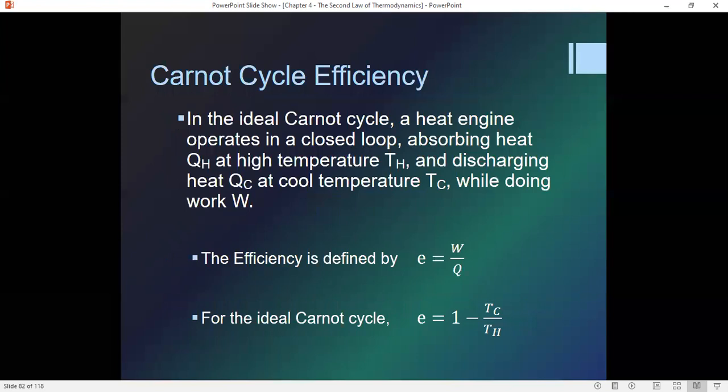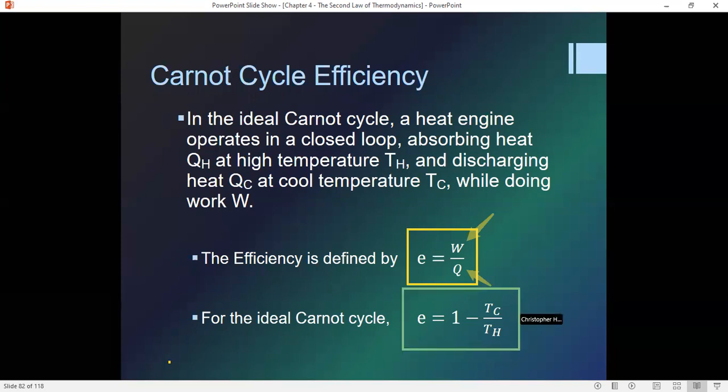So again, a real engine, if we need to calculate the efficiency of the real engine, we need to measure, all right? We need to know what is the work output compared to how much energy from the hot reservoir we put in, okay? The Carnot efficiency says the best you're gonna do is this figure right here.